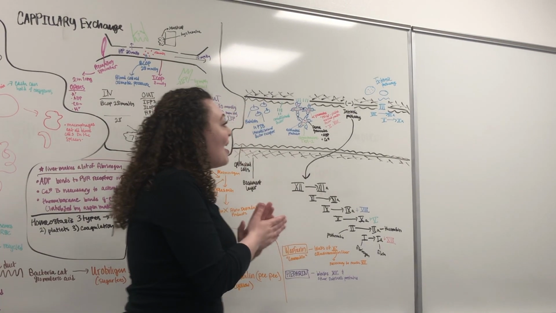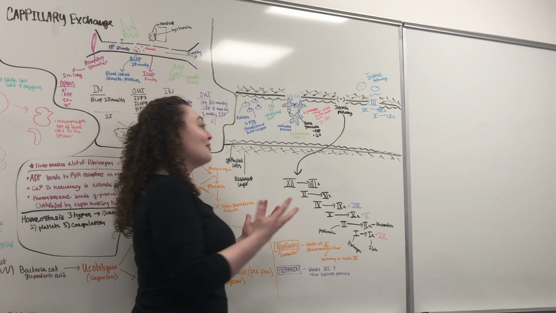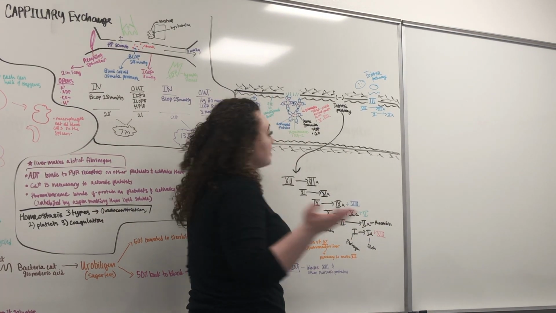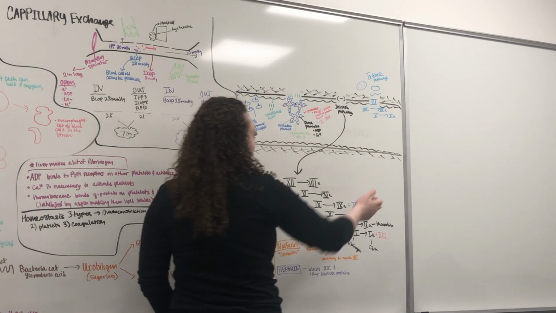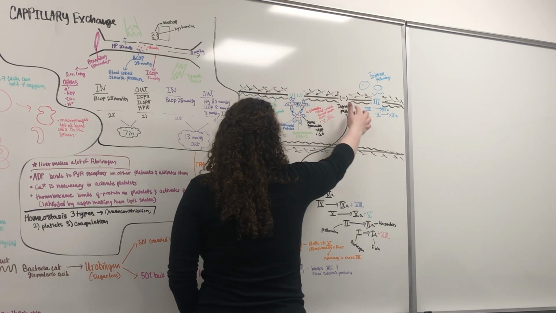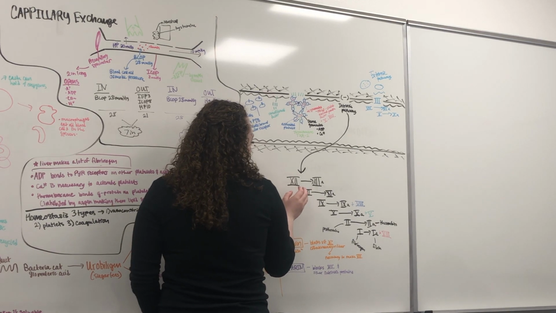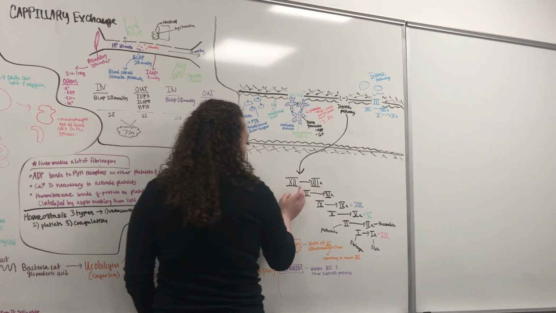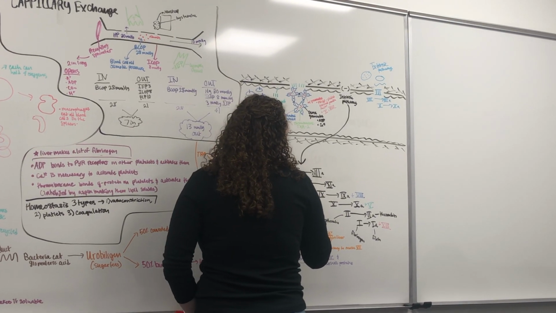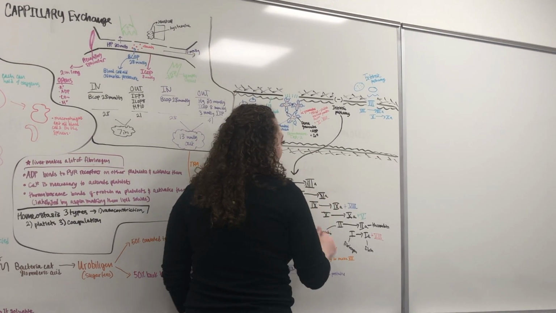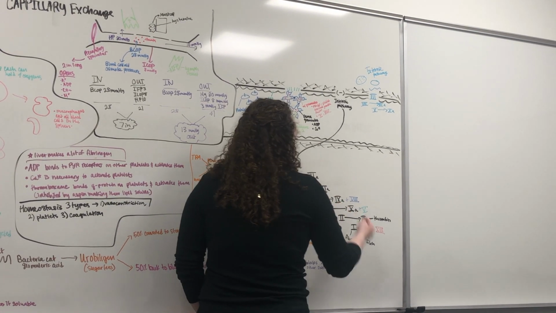So now we have another way that we can prevent us from bleeding out. God makes lots of ways to protect us because we are stupid sometimes. So we have our intrinsic and our extrinsic pathway. So the intrinsic pathway is going to have a negative charge, and then what happens past that, you have these factors. So you have factor 12 that turns into factor 12a, and then you have factor 11, which turns into 11a, and then you randomly have factor 9, which is stupid, and it turns into 9a.